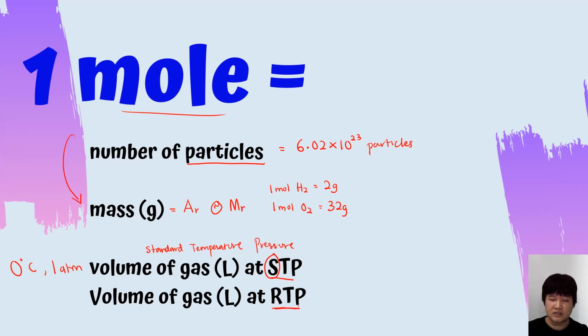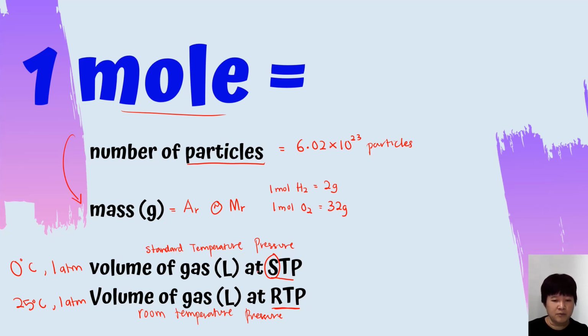How about RTP? RTP means room temperature and pressure. Room temperature and pressure means 25 degrees Celsius and 1 atm.